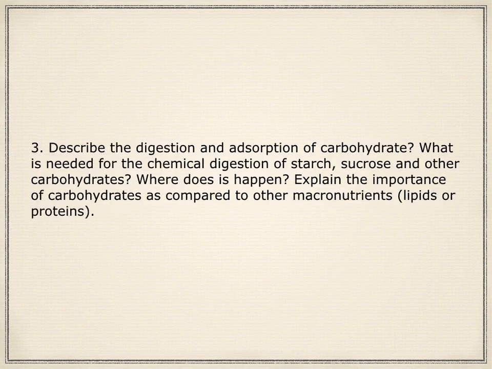Okay. Then the last question, describe the digestion and absorption of carbohydrates. What is needed for chemical digestion of starch, sucrose, and other carbohydrates? Where does this happen? Explain the importance of carbohydrates as compared to other macronutrients, lipids, or proteins. So mostly the answer to this is in chapter 23, but a little bit in chapter 24.